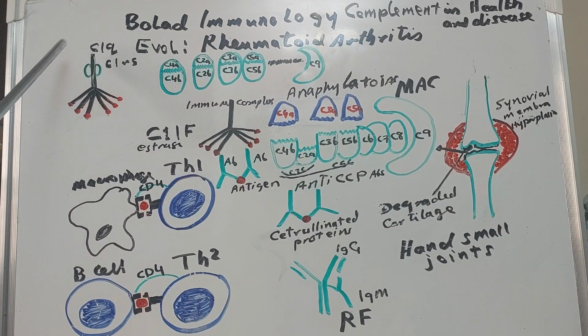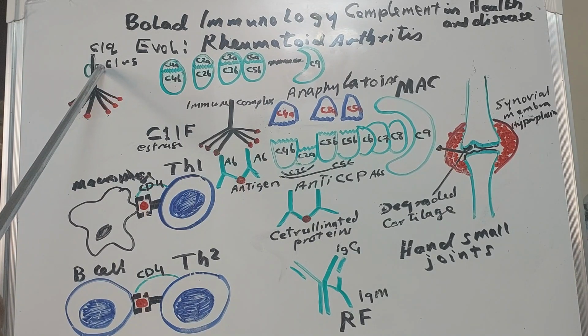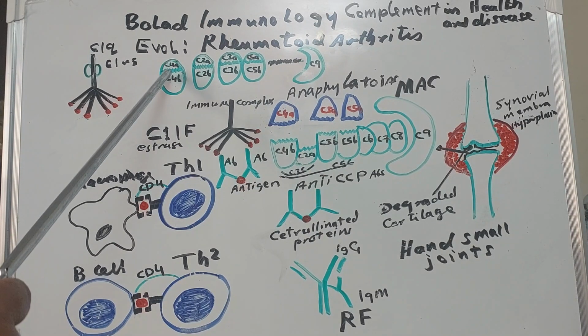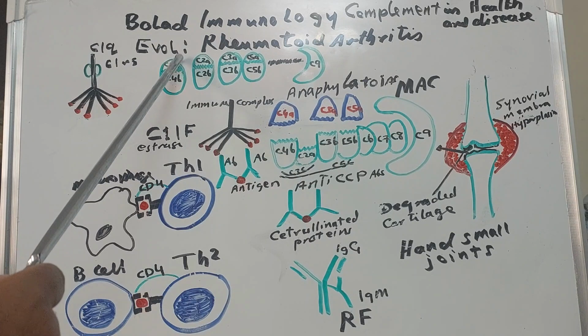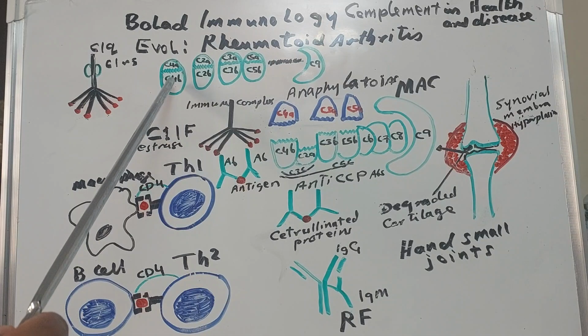This is C1. It is formed of C1q. It has one main stick and three small sticks to the right, three small sticks to the left. Each small stick ends with a knob. And here we find a body with enzymatic activity known as C1RS. Then this is C4. It has a short fragment C4A and a big fragment C4B.